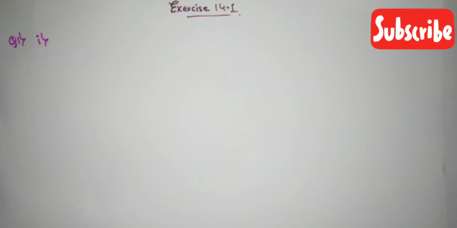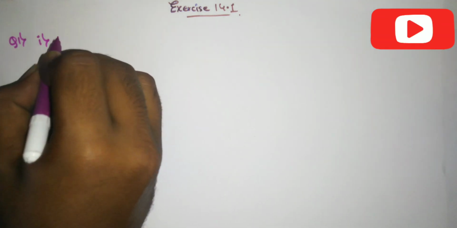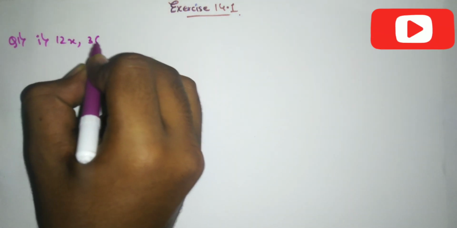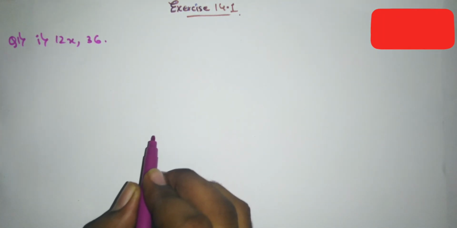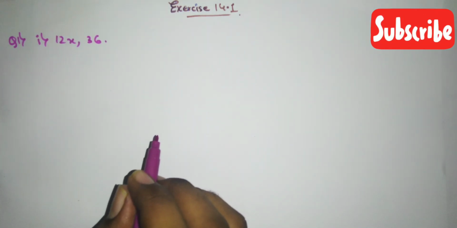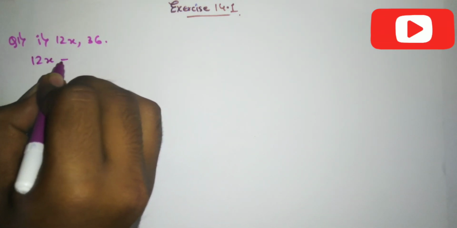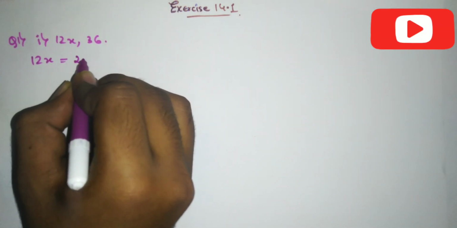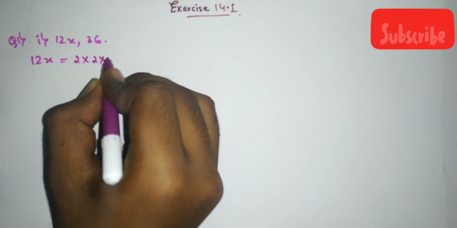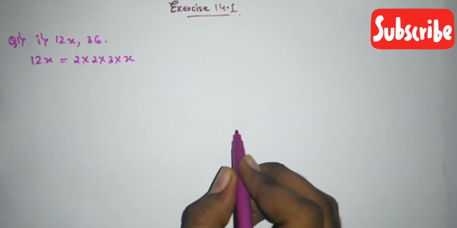The first question is 12x comma 36. How do we proceed? 12x I can write as 2 into 2 into 3 into x.